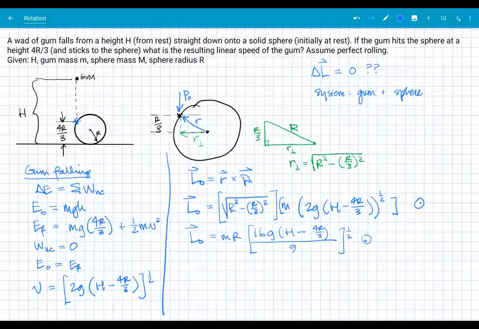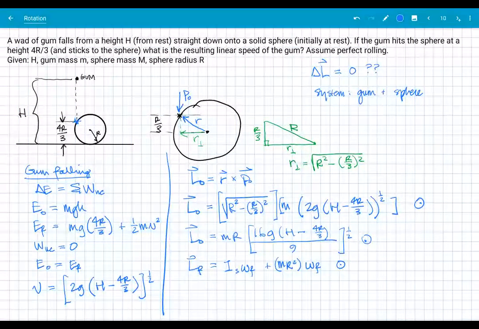The other piece we need, of course, is the final angular momentum, the angular momentum after the collision. Now the gum is stuck to the sphere, and they're rolling together, so this is a little simpler to express. I have the I value of the sphere times omega final, plus the gum, which is just mR squared because it's a particle, times omega final. They have the same omega final, they're moving together. That's still directed out of the page.